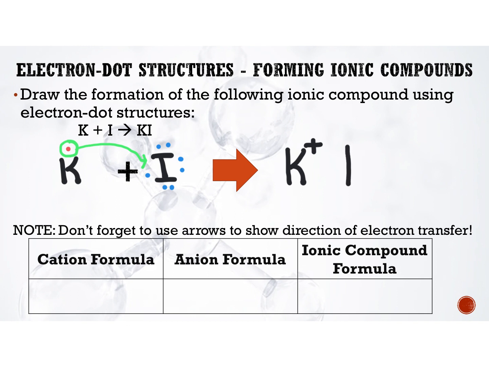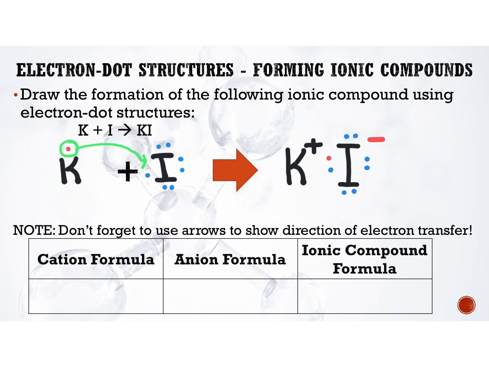The iodine started out with its 7, so we can draw those 7, but it gained the electron from potassium, giving it a negative charge. And that's what the electron dot structure diagrams for forming ionic compounds look like.